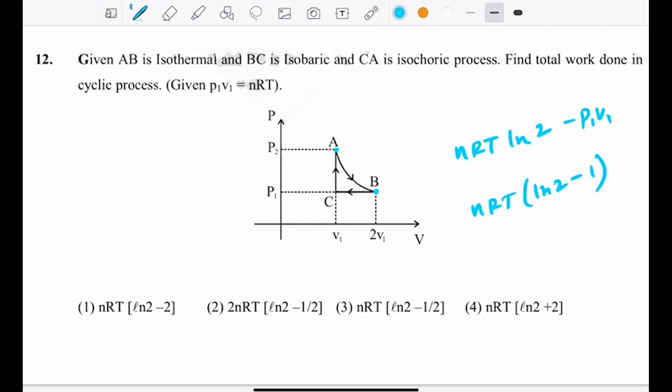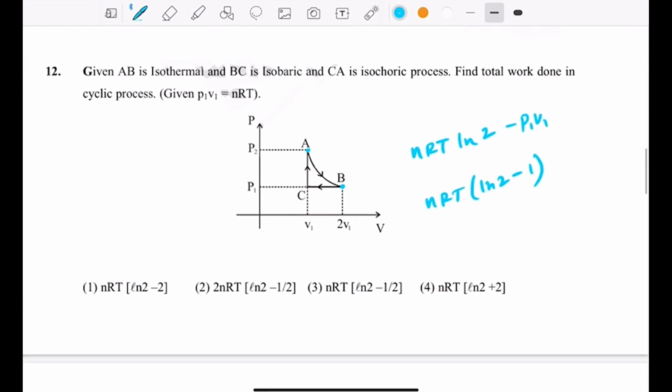Somewhere it is going wrong. nRT ln V2 by V1, right? Where are you getting it?